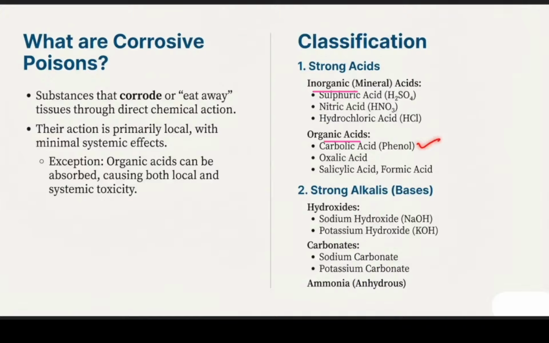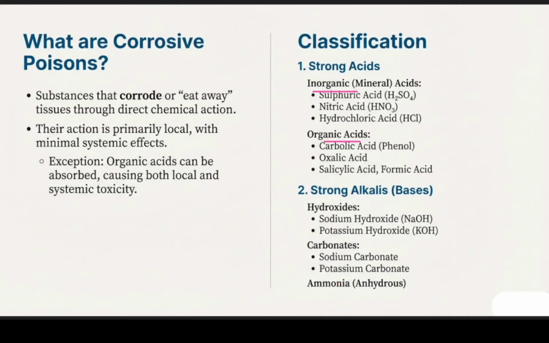So these are the strong acids. When we come to the strong alkali, which is a base actually, the most important ones which you need to remember: hydroxides, like sodium hydroxide and potassium hydroxide. Then we have the carbonates, that is sodium carbonate and potassium carbonate. And finally we have the anhydrous one, that is ammonia. So this is the classification of the corrosive poisons. Remember, strong acids and strong alkalis.